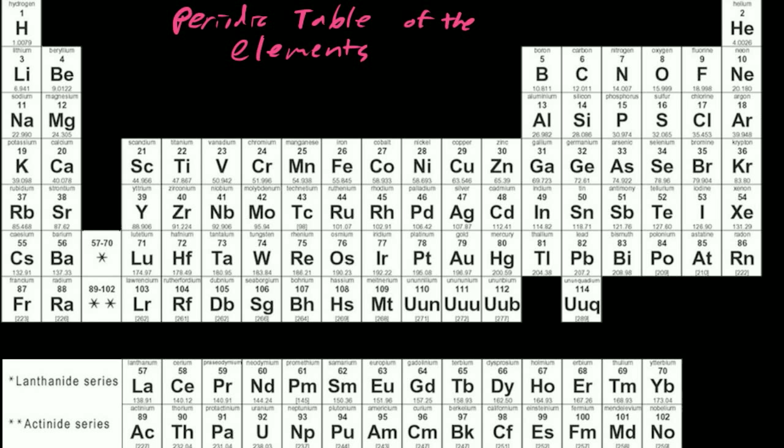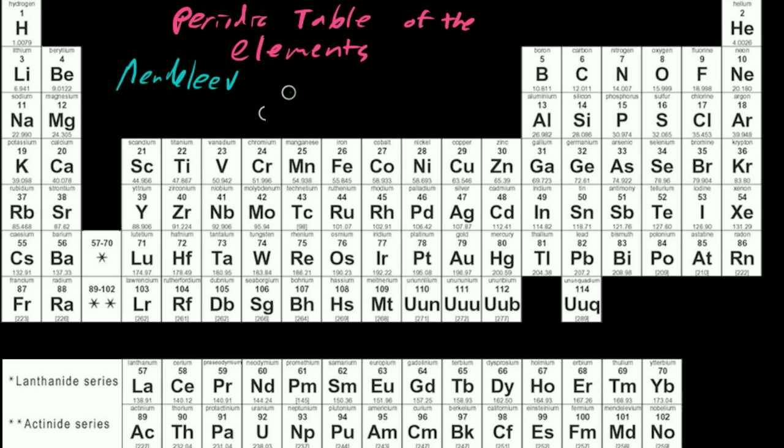So to start off with, the first thing to talk about is the periodic table. The first chemist to really come up with the idea of a good arrangement for the elements to go in was Dmitri Mendeleev.